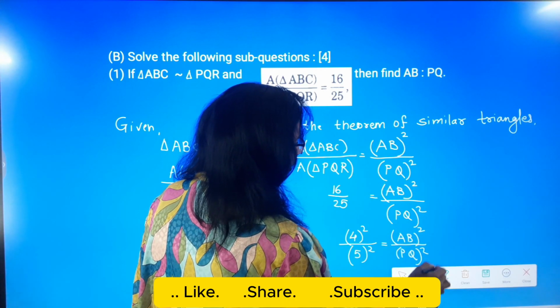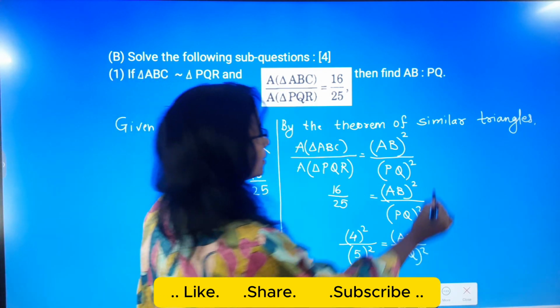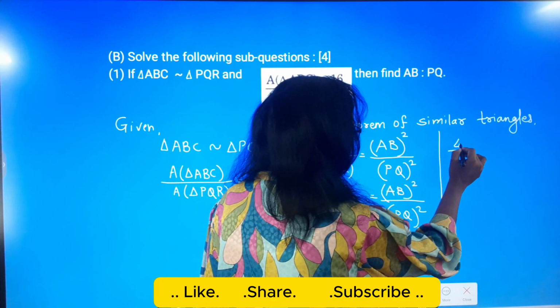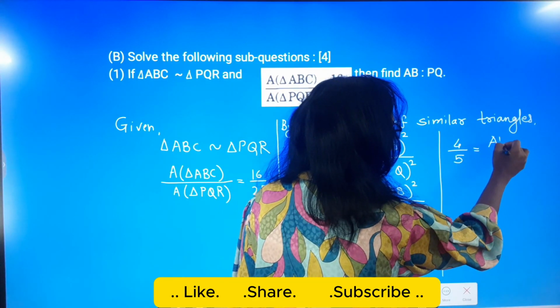Now square root on both the sides, then we have 4 upon 5 is equal to AB upon PQ.